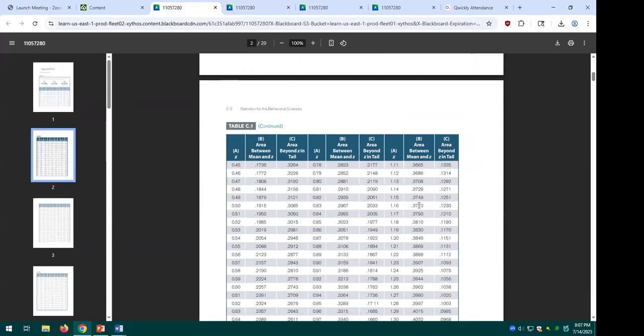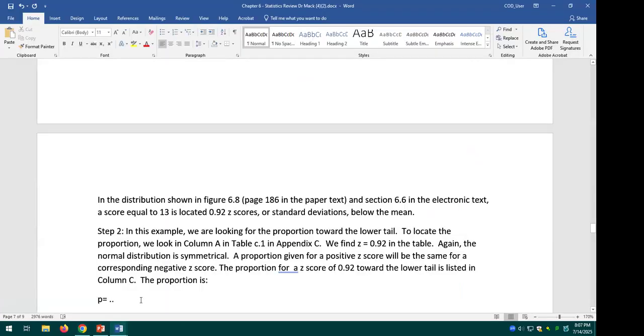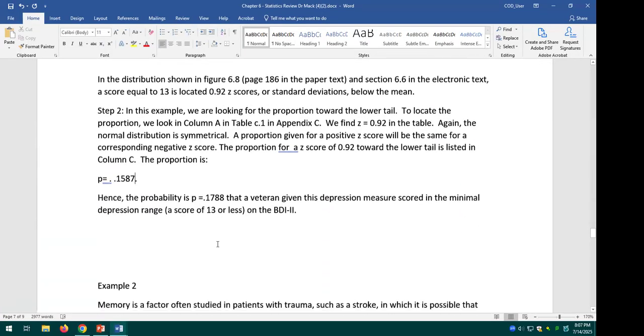Our probability for one is 0.1587 because that's beyond the tail. Therefore, if we wrote it out, it would look like that. Does that make sense? How we got there? Want to see that again? Yes, no? Okay.